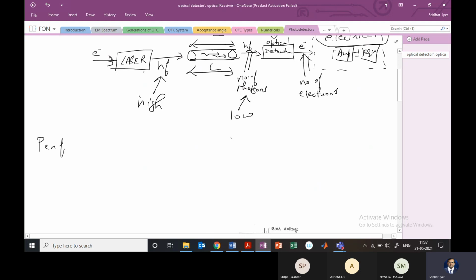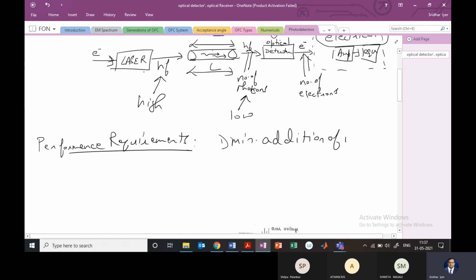In terms of performance requirements, what do we need? We need minimum addition of noise. Of course, the photodetector has no role to play in the noise outside because noise is random, so we don't know. But we expect that by itself it adds a minimum amount of noise.